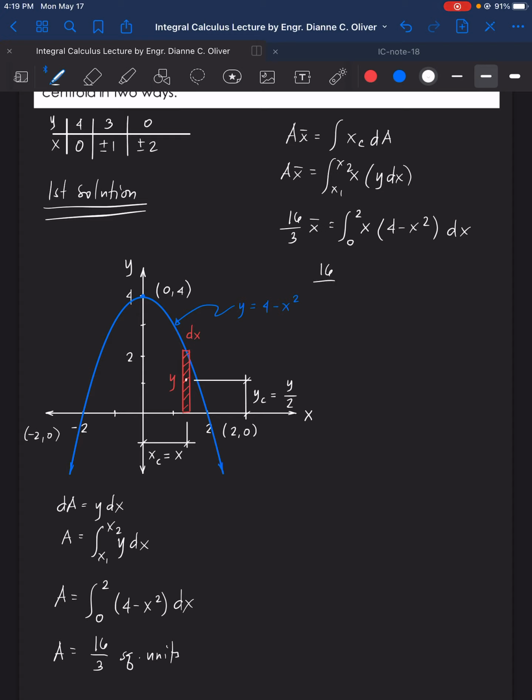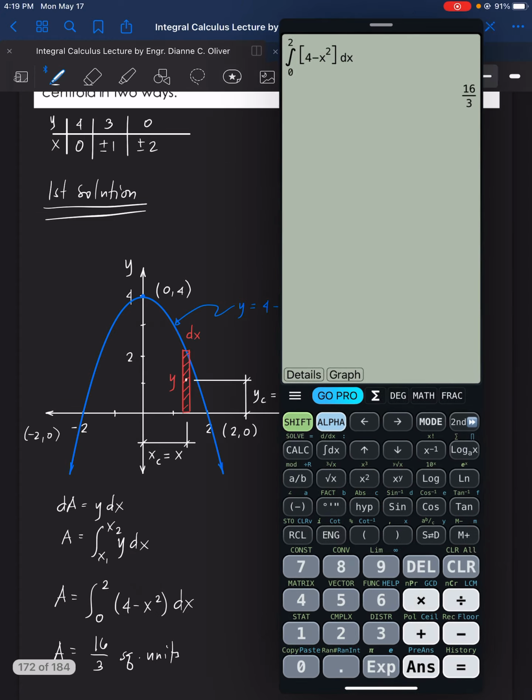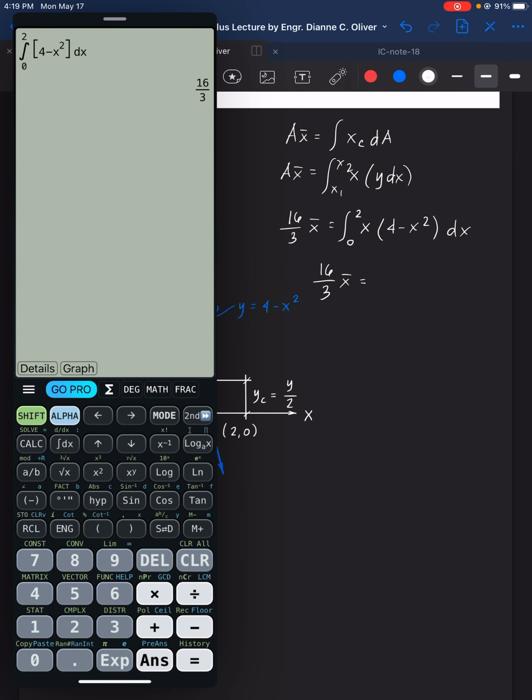So 16 over 3 x bar is equal to, okay, that is equal to 4.